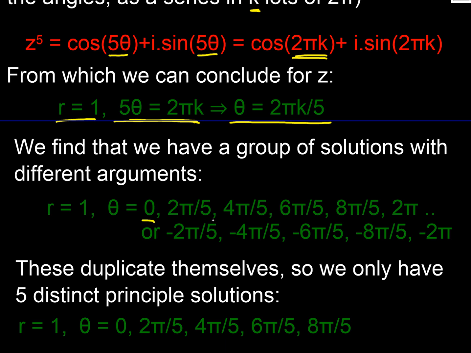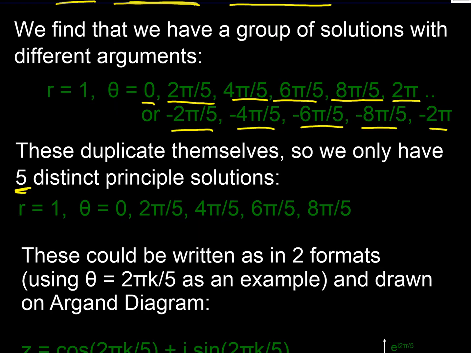Theta is either 0, 2 pi over 5, 4 pi over 5, 6 pi over 5, 8 pi over 5, and then we get to 10 pi over 5, which of course is 2 pi, brings us back to 0, or we could do it all with the negatives. Now, if we look at this, we've actually got 5 distinct principal solutions here for angles. We've either got 0, 2 pi over 5, 4 pi over 5, 6 pi over 5, or 8 pi over 5.